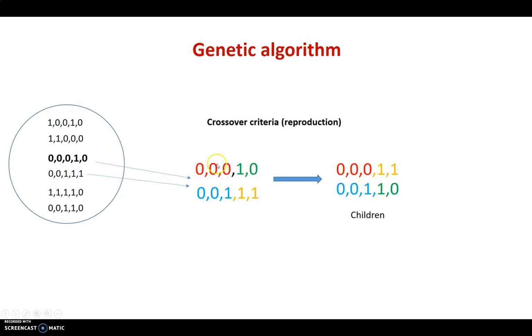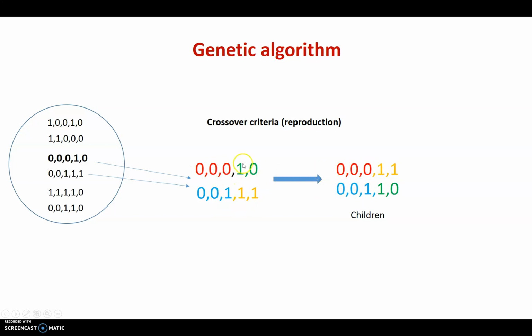So how do we build the children? In this case, a very simple crossover criteria is to take the chromosome of the parent, of the father, and split into halves, and to take the chromosome of the mother and also split into halves, and then to build one of the children. They will have twins. They will have two children, twins.